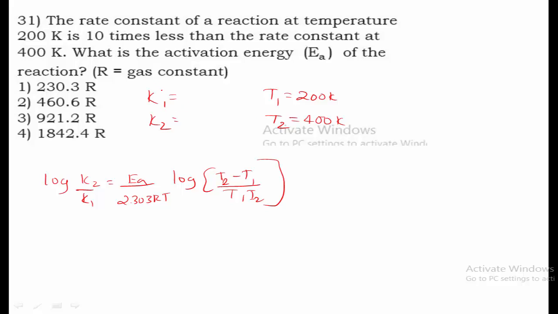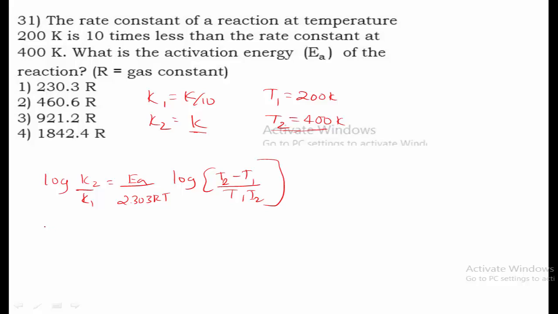So K1 is less than the rate constant K2. So let us consider K2 as K and K1 as K divided by 10, because it is less than the rate constant at temperature 400 Kelvin. If it is K, then it is 10 times less than K. So K divided by 10.